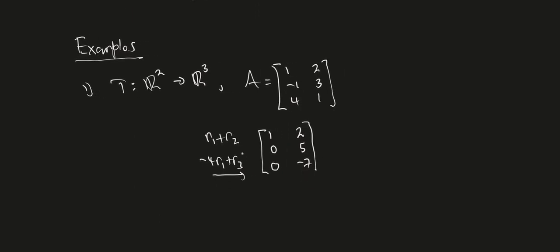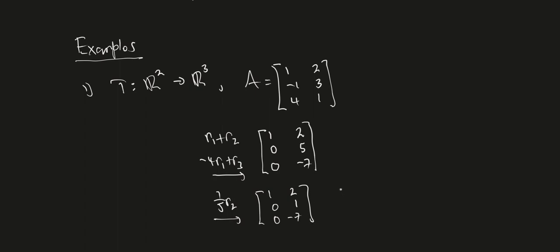And then if I do 1/5 of row 2, that gives me 1, 2, 0, 1, and then 0, negative 7.